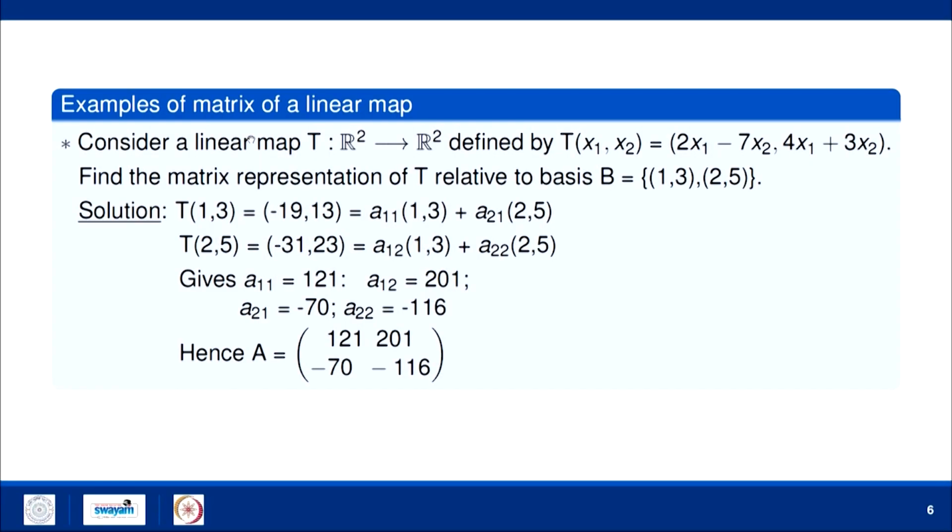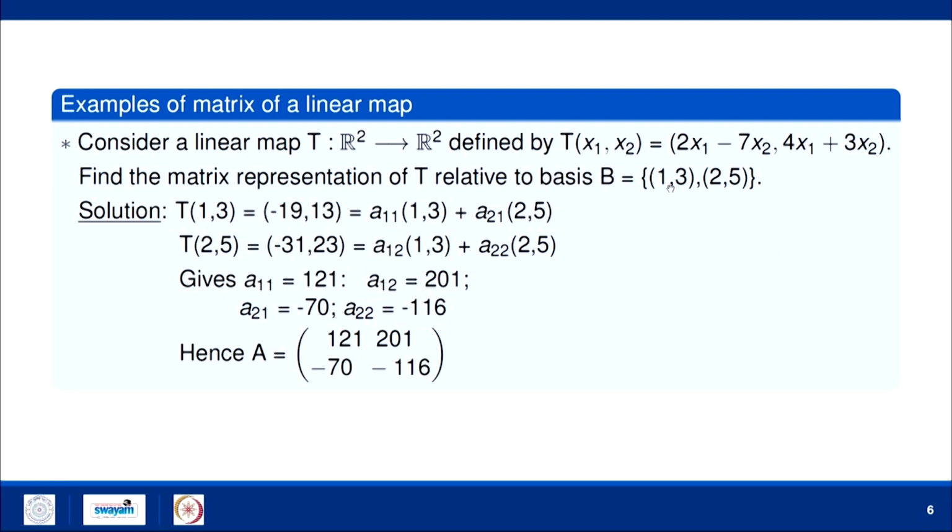Suppose you have a linear transformation from R2 to R2 defined by T of (x1, x2) equals (2x1 minus 7x2, 4x1 plus 3x2). Find the matrix representation of T relative to the basis B given by the vectors (1, 3) and (2, 5).